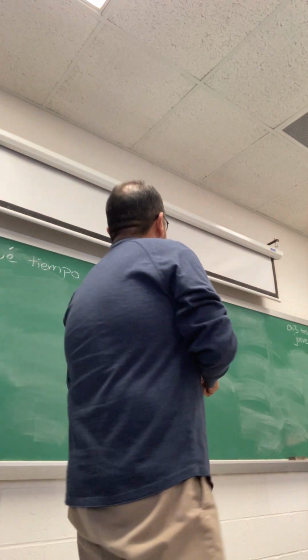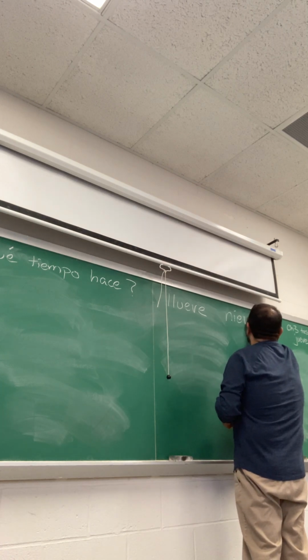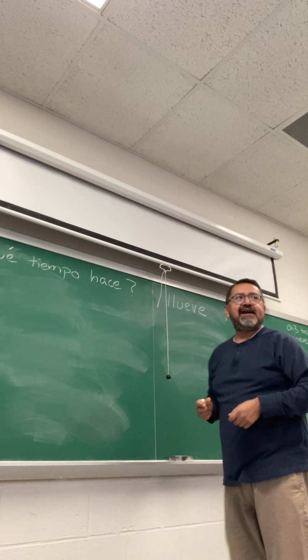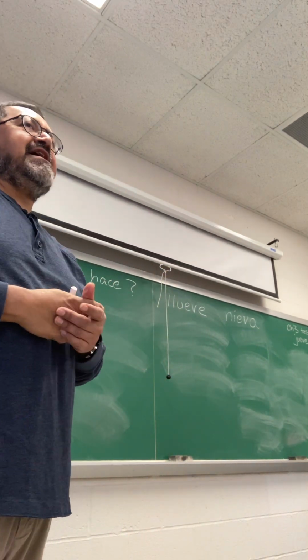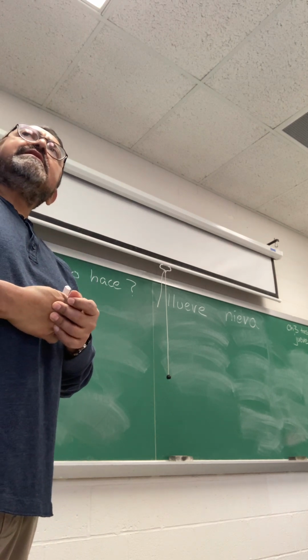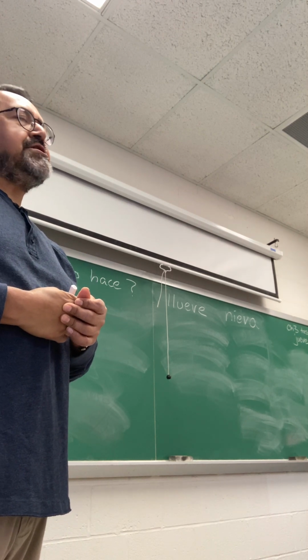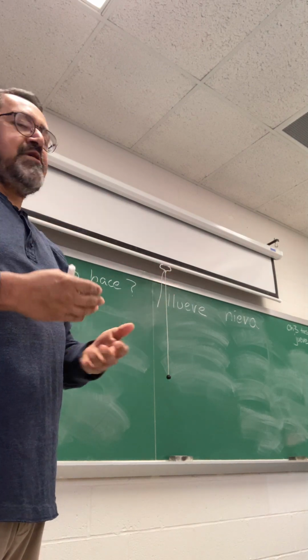If it's that white, powdery, really pretty stuff, okay, nieva, it is snowing, okay? So if it was snowing right now, and I say, Liz, ¿qué tiempo hace? What's the weather like? She could turn left and say, nieva, it's snowing. All right?